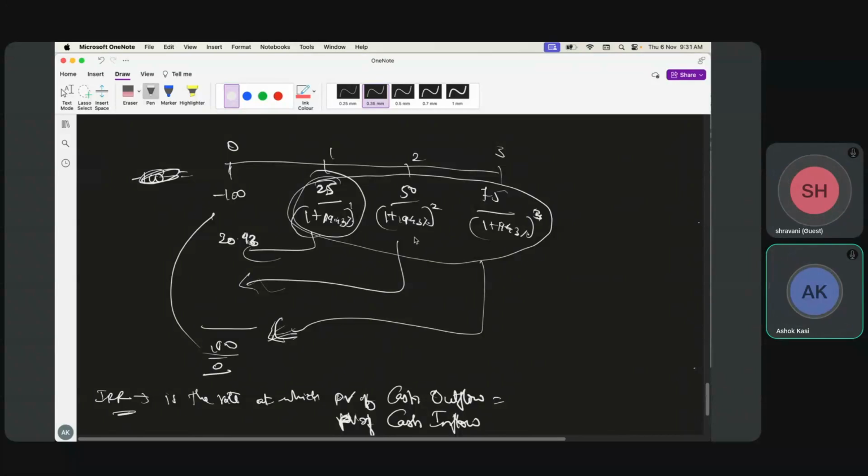Second one. 35. Then 44. And 100. Okay, that means overall, you are earning 19.43 percentage in this project. That is IRR.